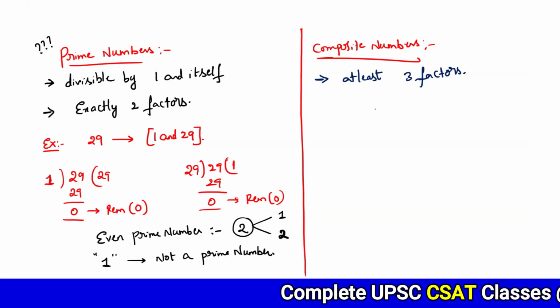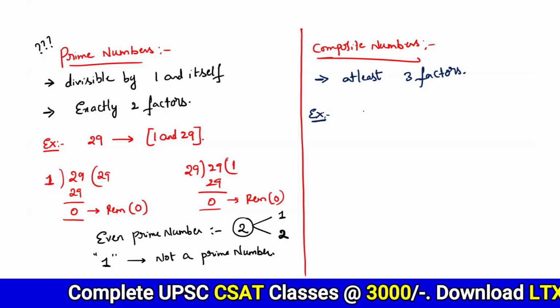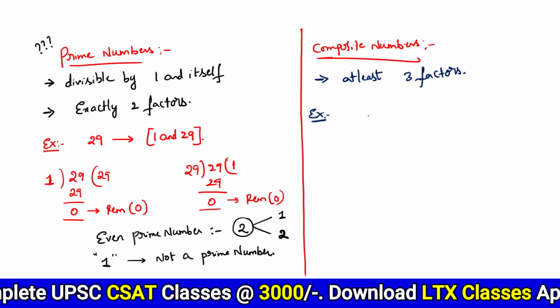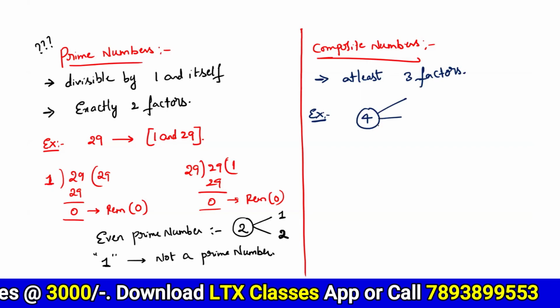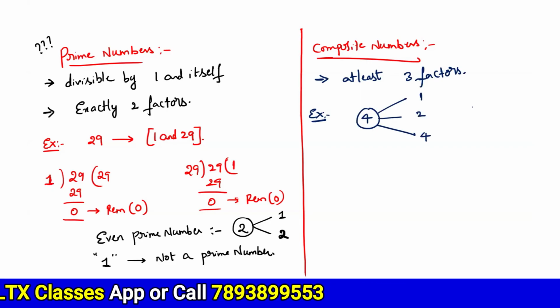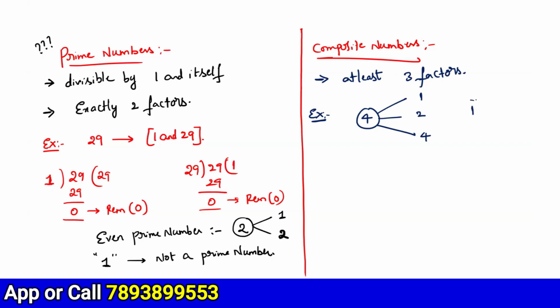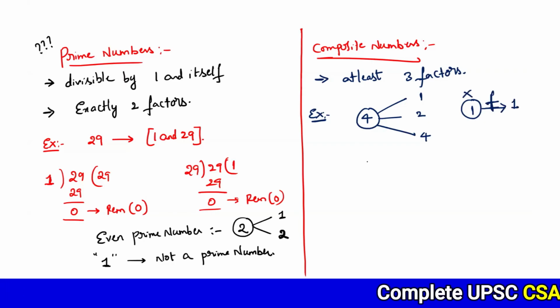Okay. And now in this case, what will be the first composite number? 4. Very good. So this number 4 is the first composite number because 4 will have 3 factors, that is 1, 2, and 4. Okay. And next, definitely 1 is not a composite number. It will have only one factor, that is 1. So 1 is not a composite number.